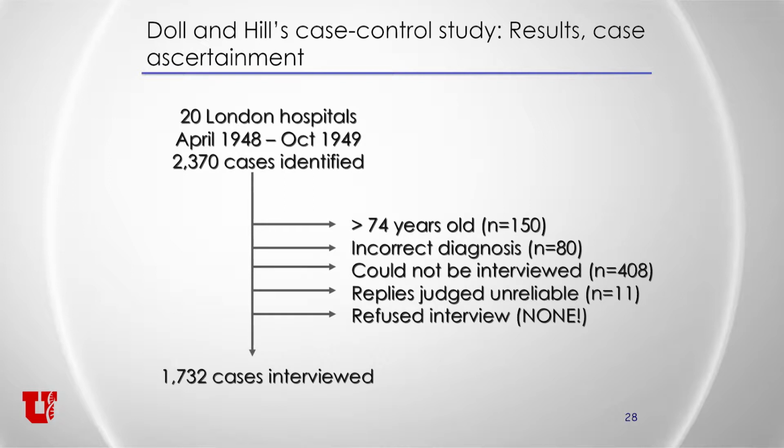Again, these are the same issues that you'll see in this day and age when you're conducting a study. If someone is so ill that they can't be interviewed, or if they do not speak the language of the interviewer, or they have hearing problems or communication problems. So 408 could not be interviewed. 11 had replies judged unreliable, and none were reported to have refused the interview.